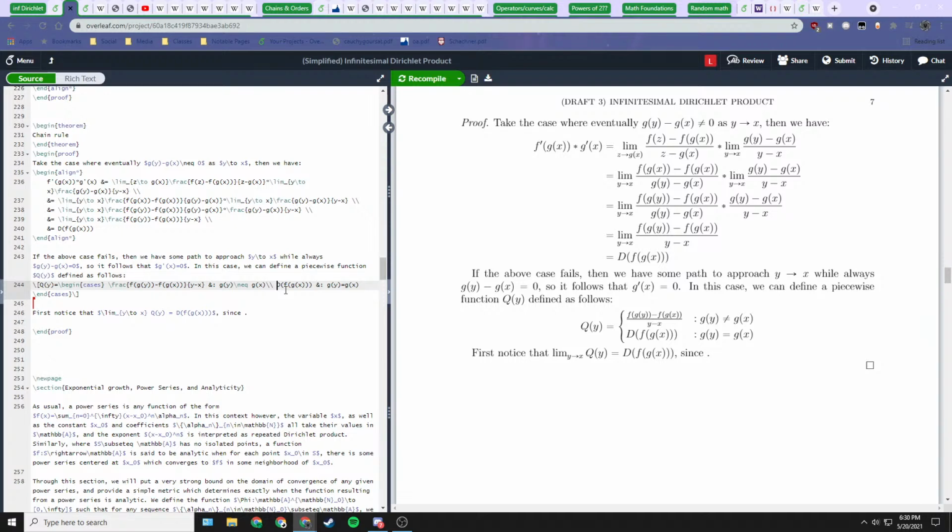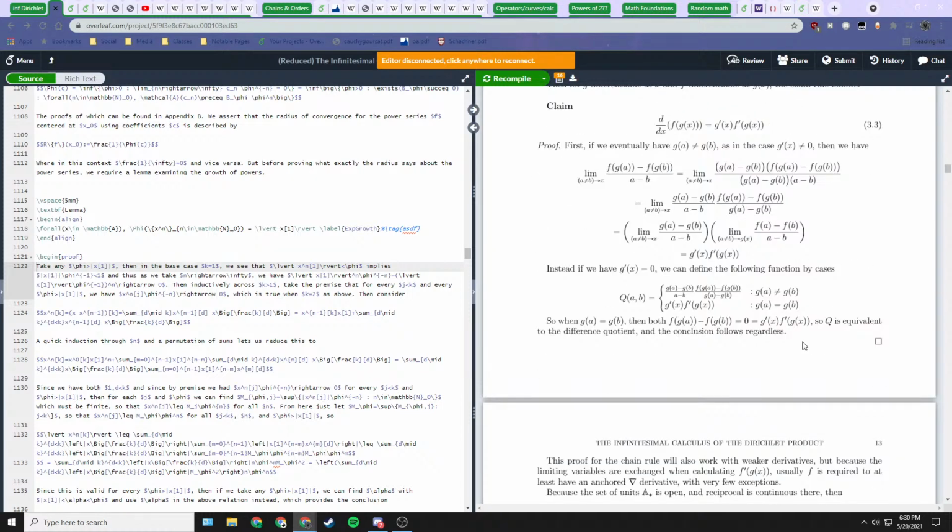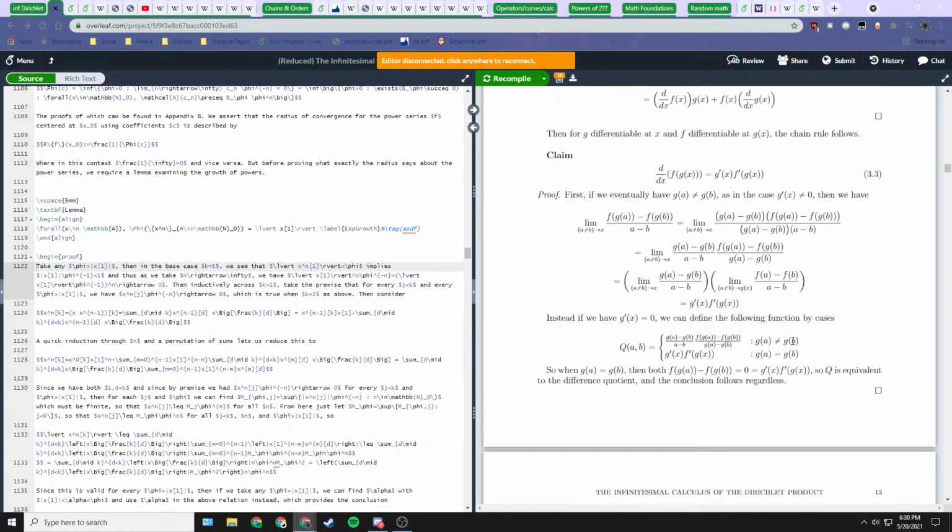If this fails, I'm really brain farting right now. The purpose is to define this function. Okay, I see.